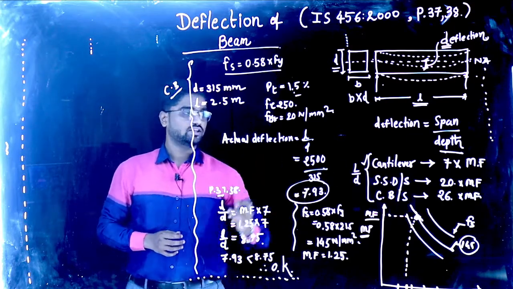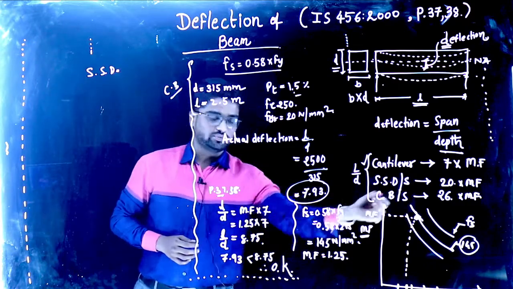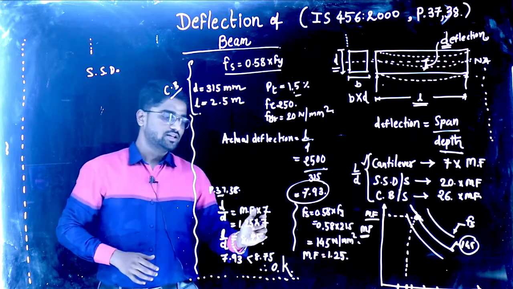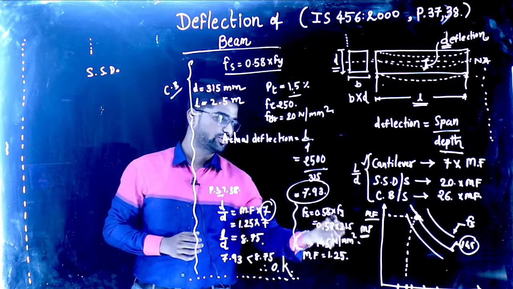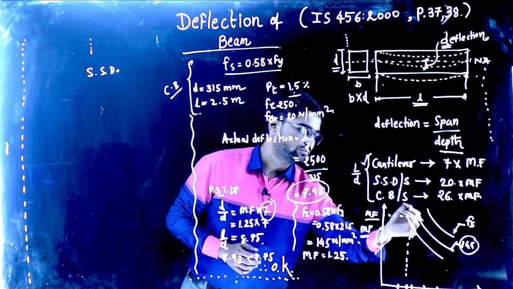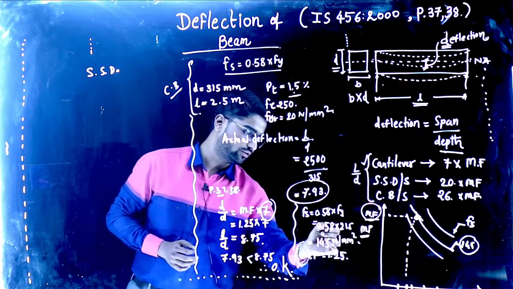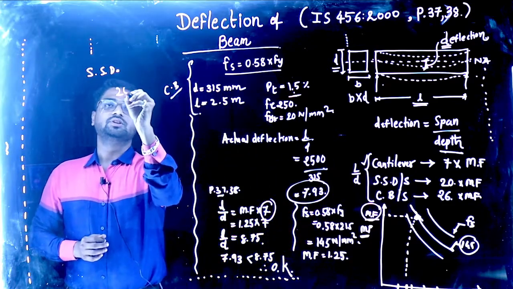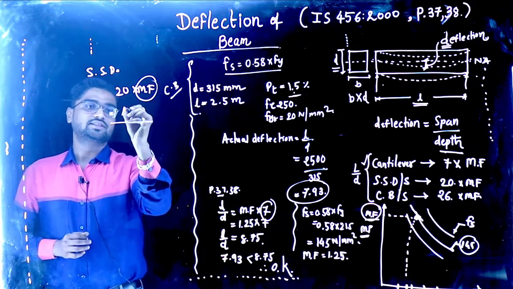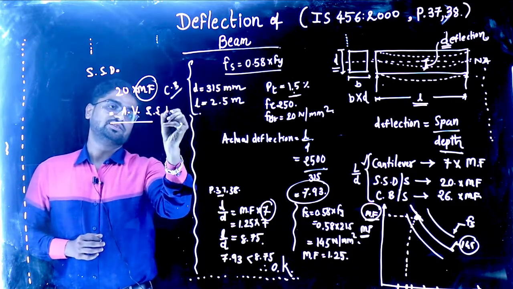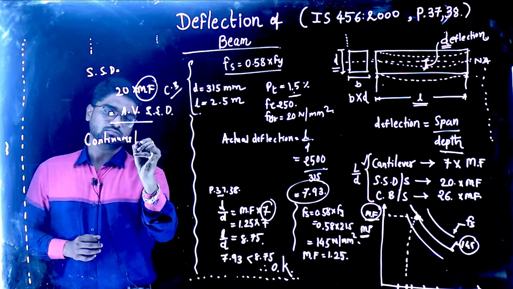After that, in a similar way we can go for the simply supported beam. For the simply supported beam, if we consider the same data, you just have to change this value, and according to the percentage of steel given, you can consider the PT, and similarly from this graph you can calculate the MF value. If you put the MF value in 20 into MF for the simply supported beam, you will get the permissible L by D value. Similarly we can go for the continuous beam.